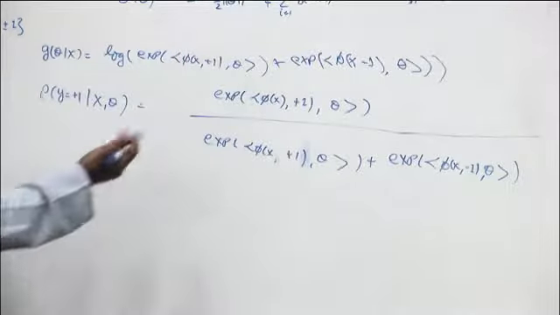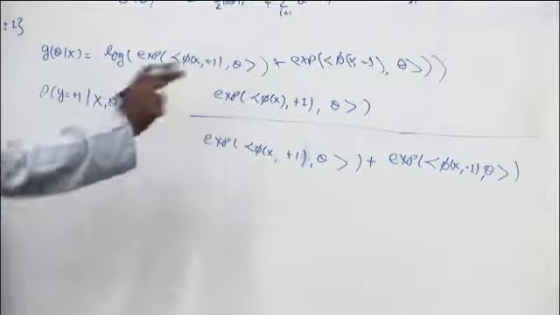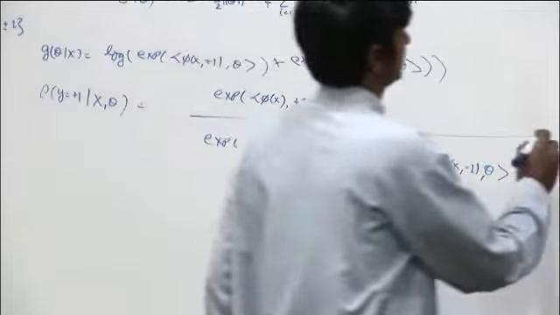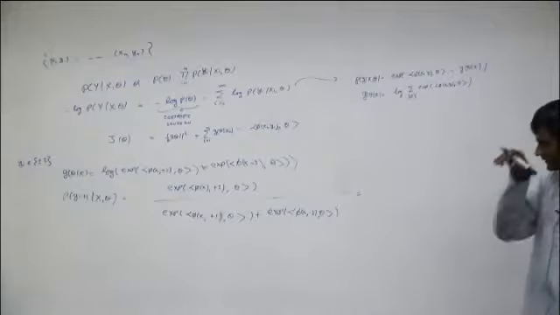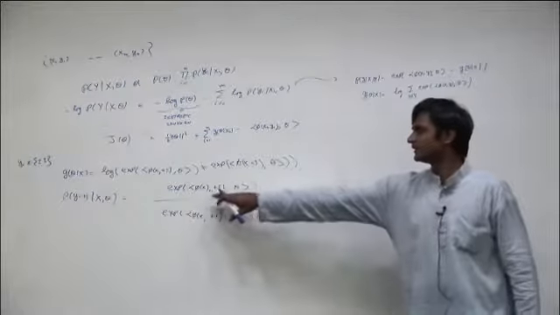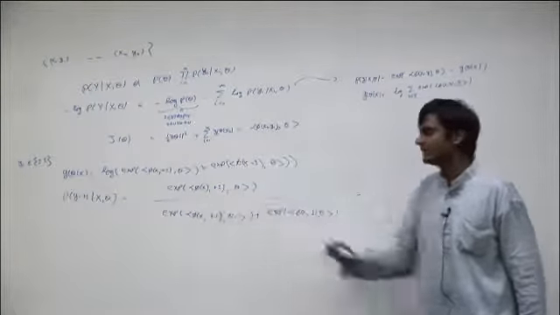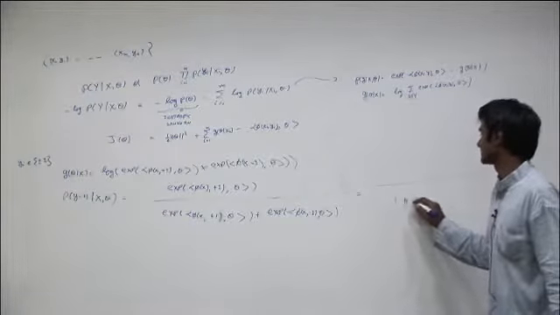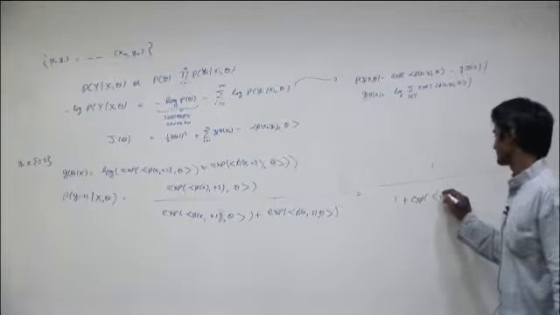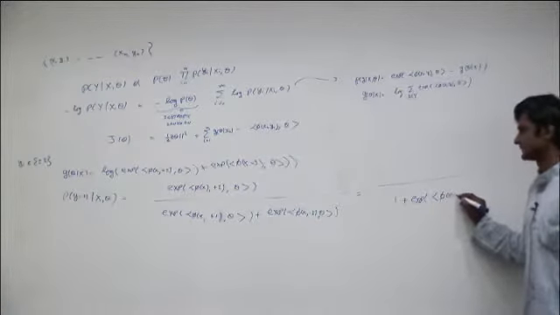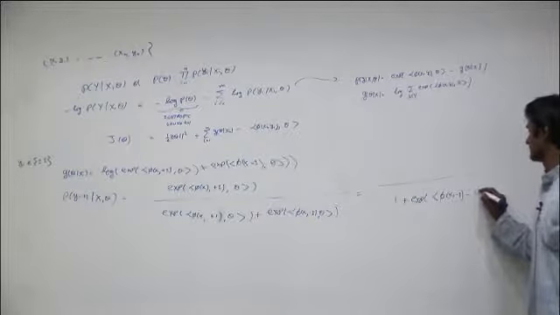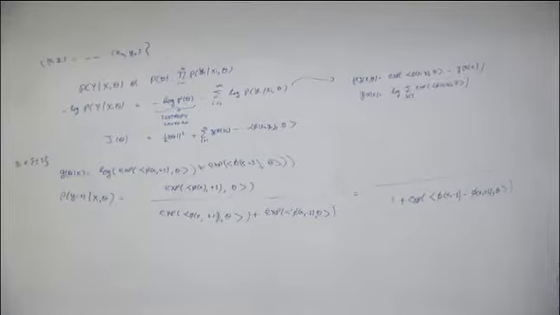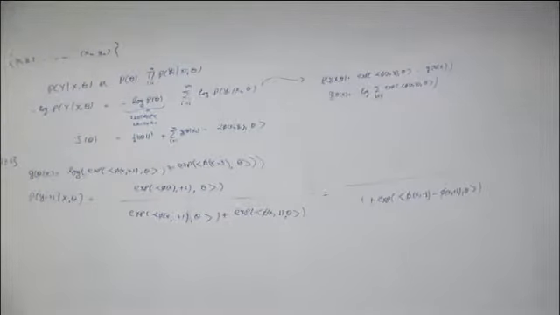In an analogous way, if you substitute -1 for +1, you can write the same thing. This I'm going to rewrite in a slightly different way. I'm just going to divide numerator and denominator by this quantity. If I divide numerator and denominator by this quantity, this becomes 1 over 1 plus exp of phi of x, -1, minus phi of x, +1, times theta. Do you see that?